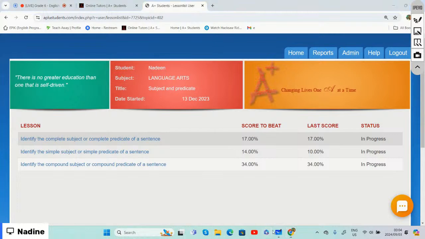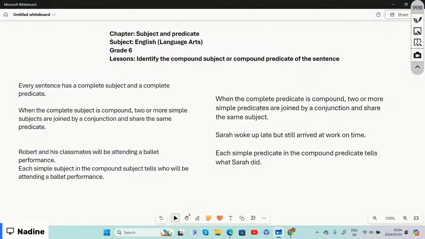All right. So our chapter is subject and predicate. Our subject is English Language Arts.